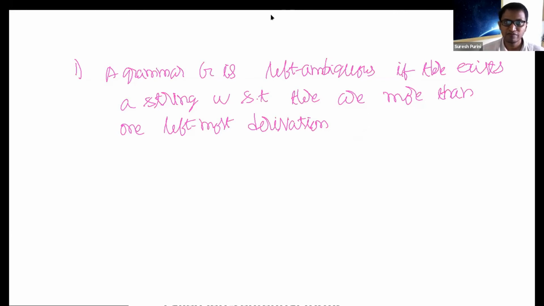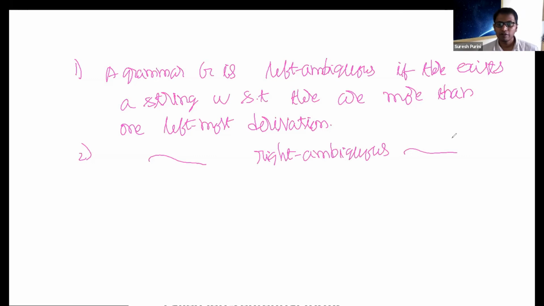Okay, so we can define a notion of left ambiguity. Then we say that a grammar is right ambiguous if there exists a string W with more than one rightmost derivation.